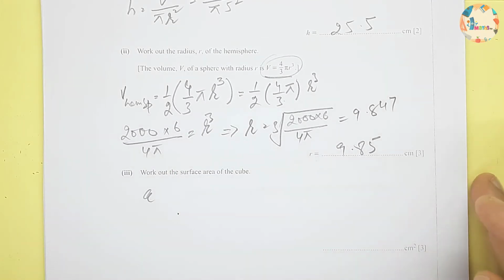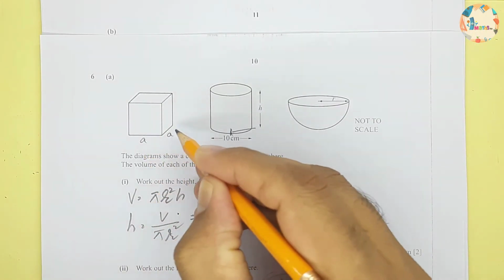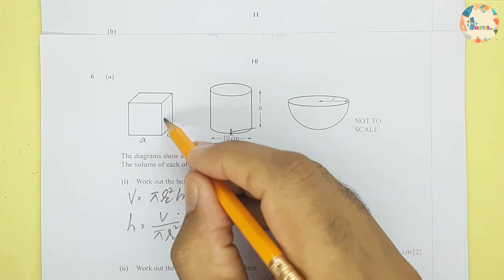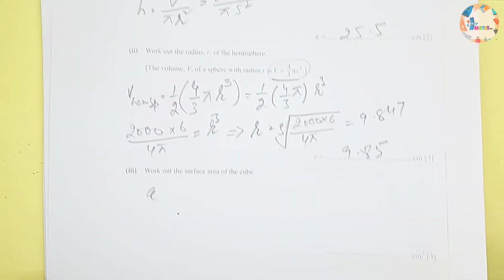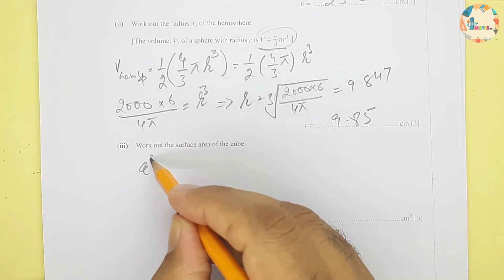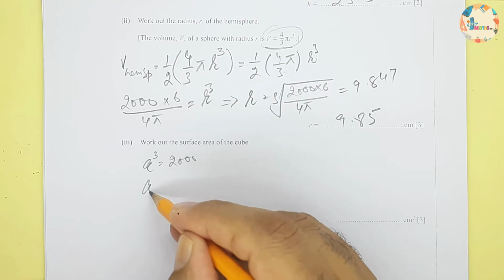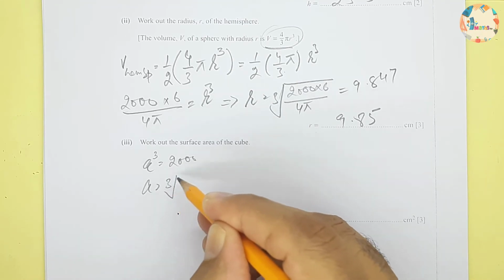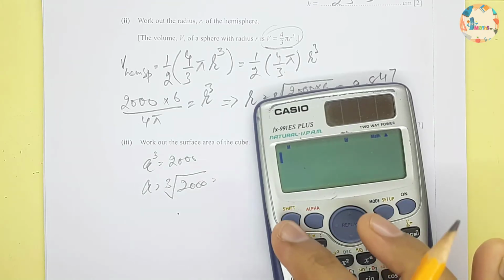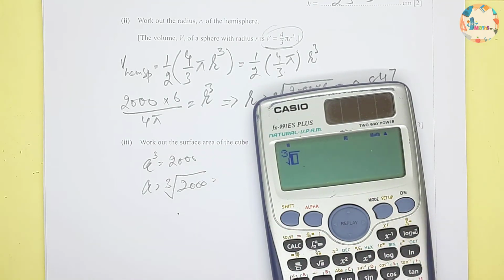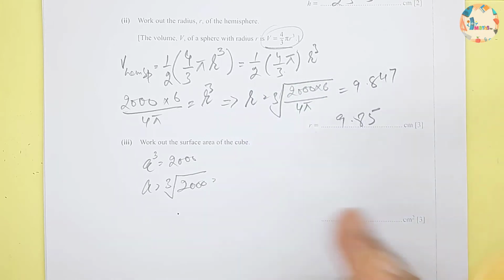If for example we consider this cube, this side is A, this side is A, and the height will also be A, so volume is equal to A cubed. A cubed will be equal to 2000, so A will be equal to the cube root of 2000, and this gives us 12.599.